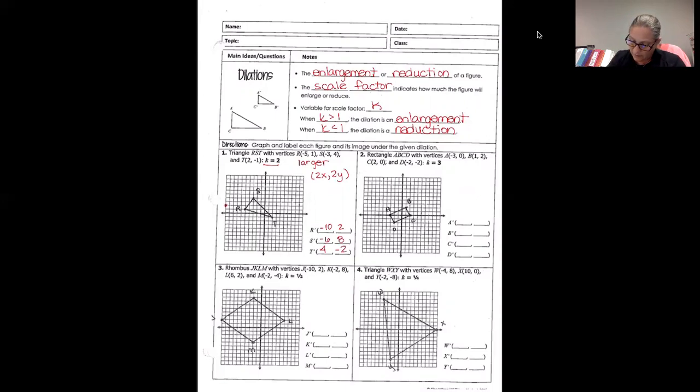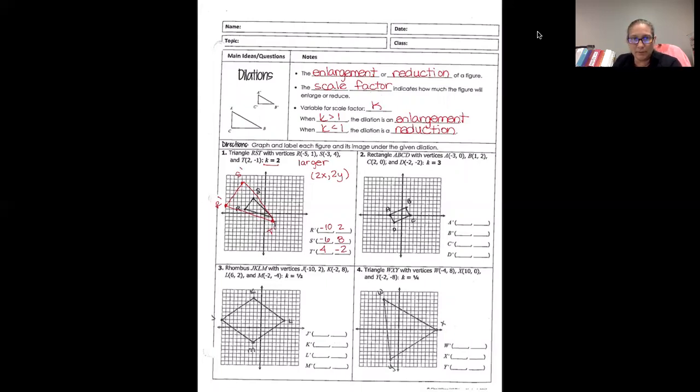Negative 10, 2, negative 6, 8, and 4, negative 2. And notice when you connect those dots, how much bigger the figure got. The figure got twice as big as the original figure.